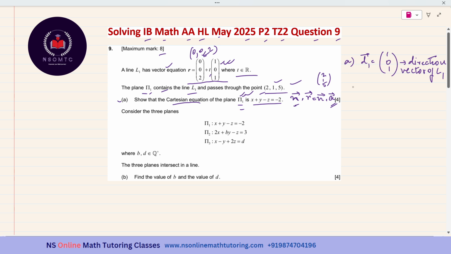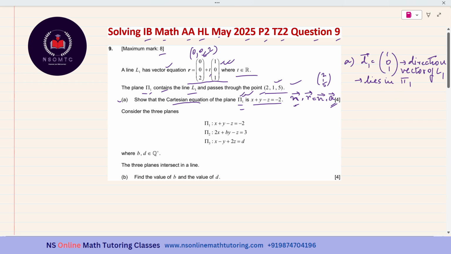So this lies in pi 1. And what can be the other vector? We have to take two non-parallel vectors.